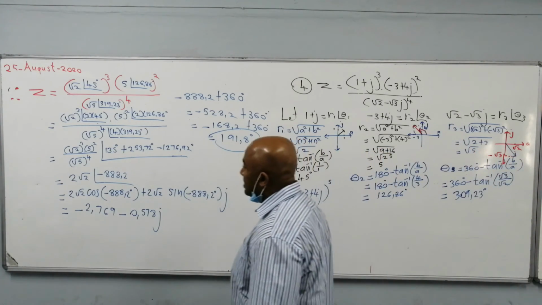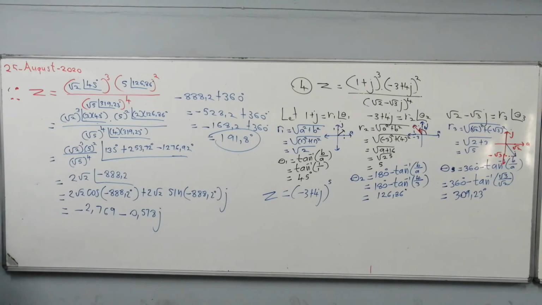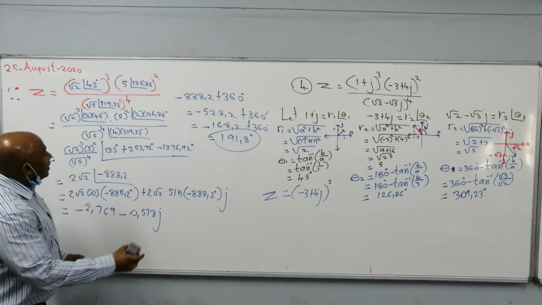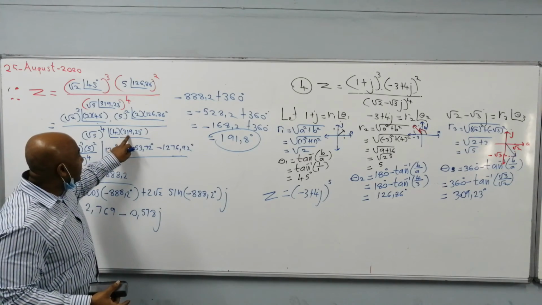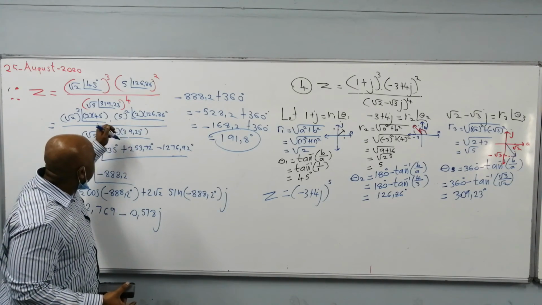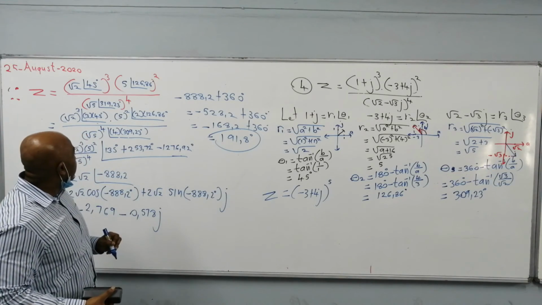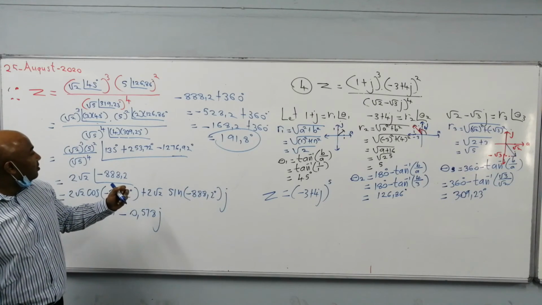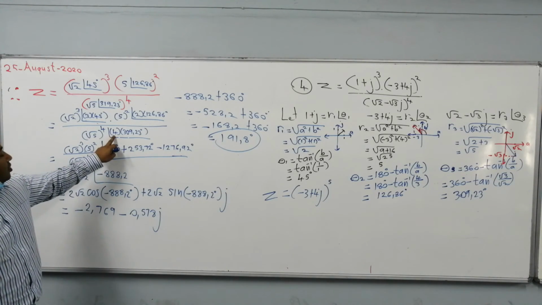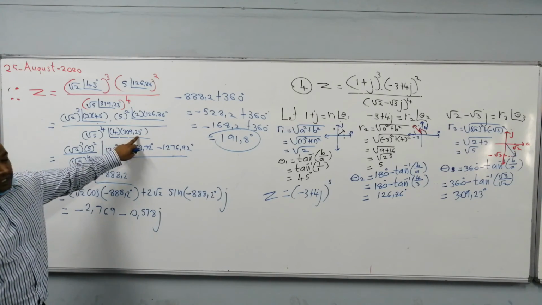So what does that affect now? Lucky it was only one thing here. So this is 309.23. Therefore, now multiply this for me: 4 times 309.23.